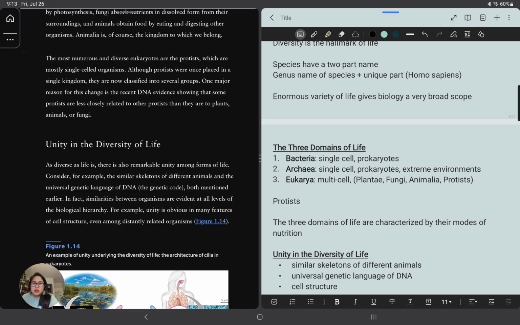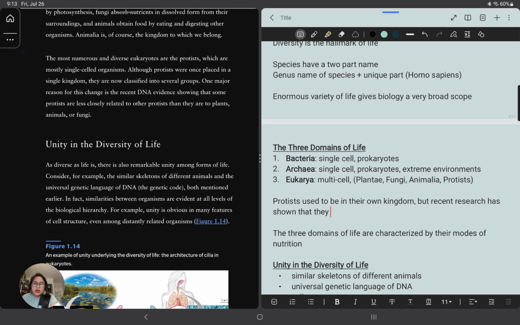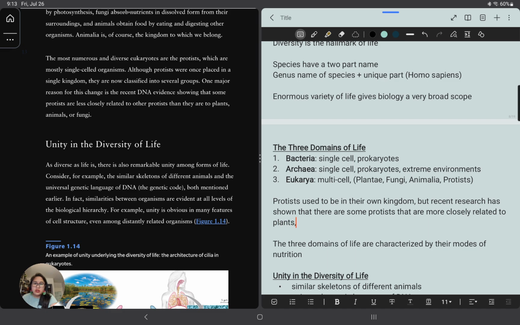Protists used to be in their own kingdom, but recent research has shown that there are some protists that are more closely related to plants, animals, and fungi than other protists.